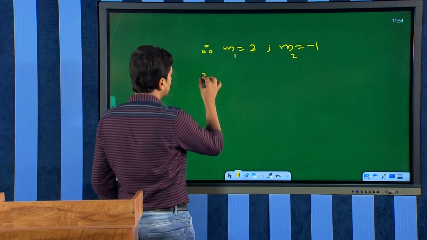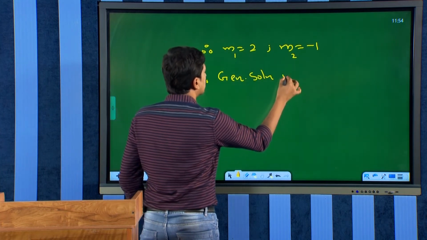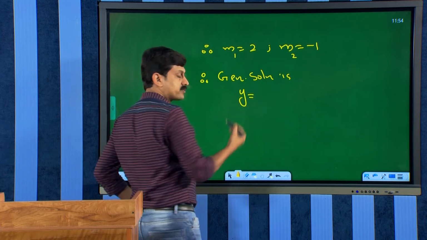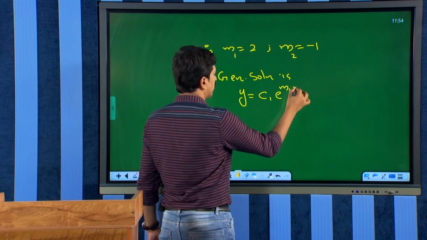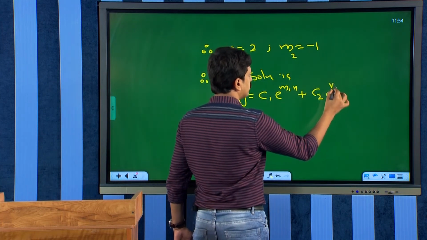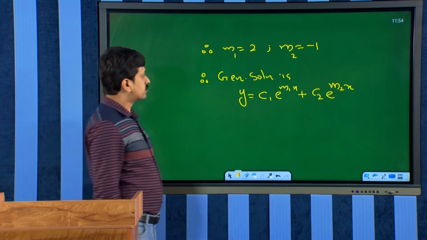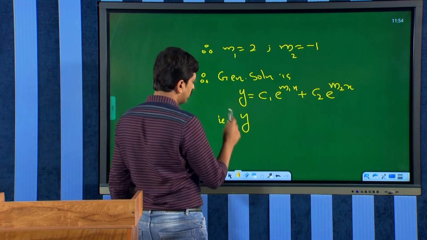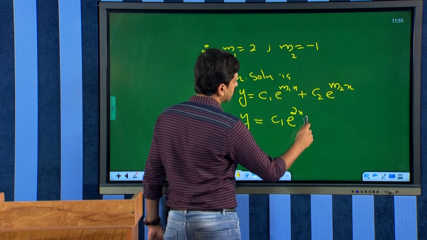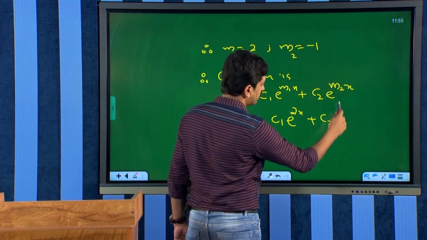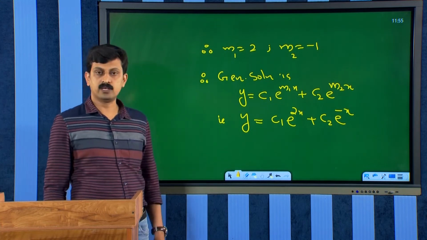Therefore, the general solution is y is equal to c1 e raised to m1x plus c2 e raised to m2 of x. That is, y is equal to c1 e raised to 2x plus c2 e raised to minus x, which is the general solution of the differential equation.